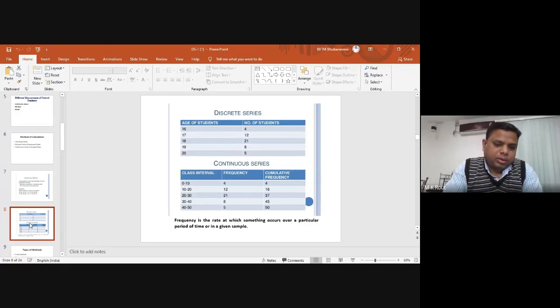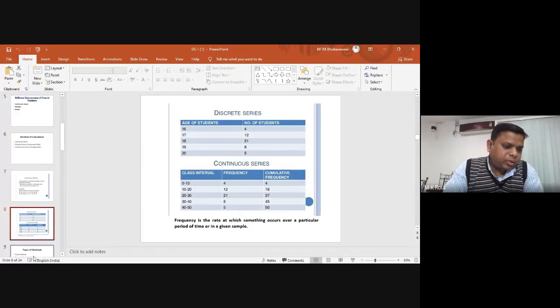Again, 37 plus 8, that is 45. The basic difference is that no frequency is considered in individual series, but in discrete and continuous series, the frequency is considered along with the data in a given sample.